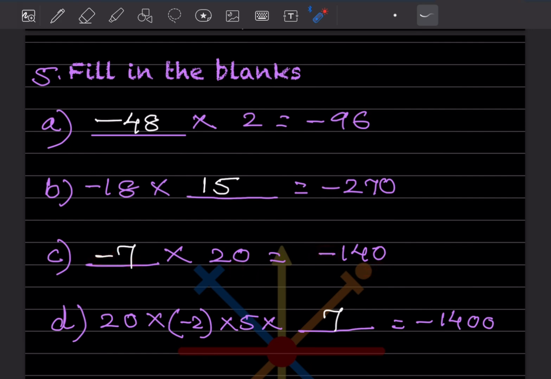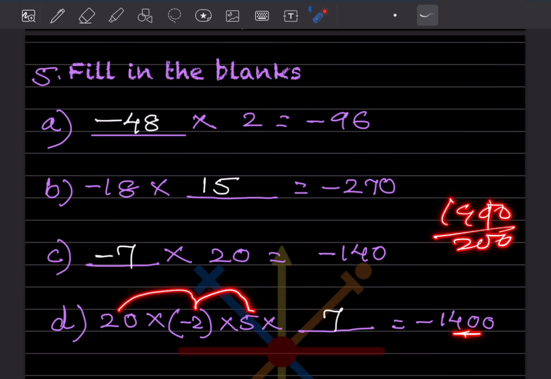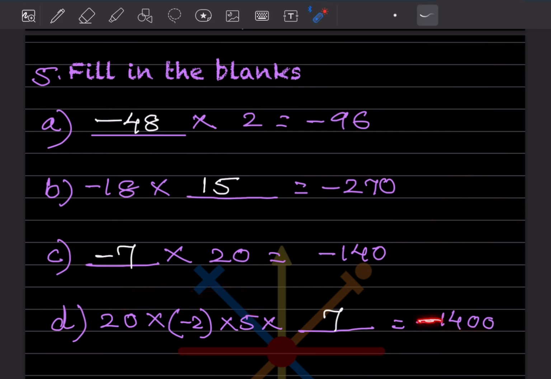Now here this should be 1400, so what will you do here? 40 fives are 200, so if you divide by 200, you get 7. Here you had a negative sign, so already we have the negative sign, so this will be positive. So 7 is the answer.